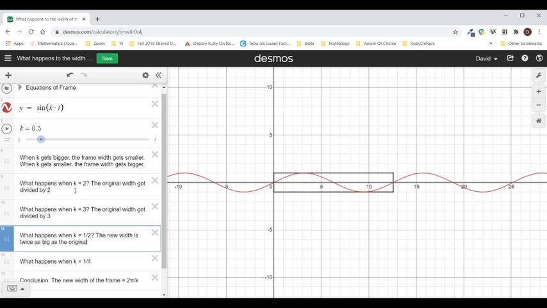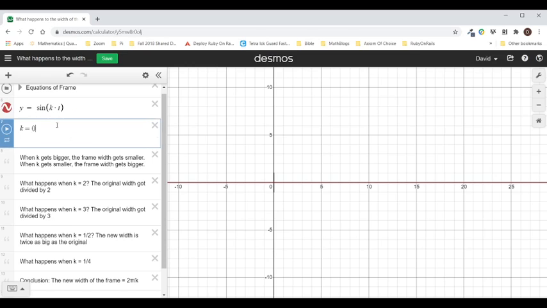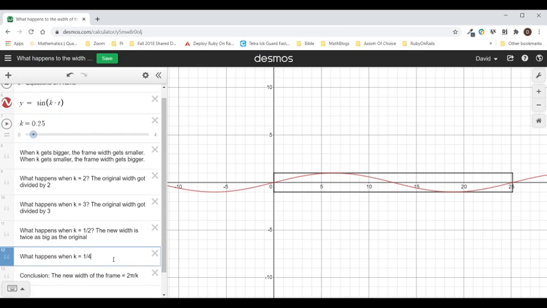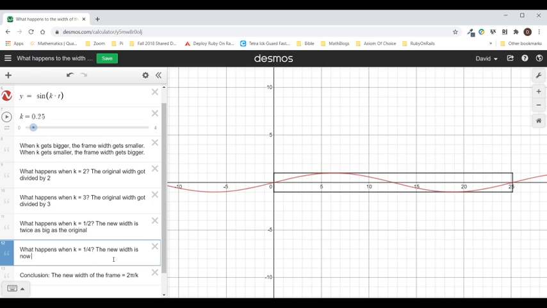What happens when k is a quarter? Well, when k is a quarter, I think it's going to go up even more slowly. I'm going to actually have to type in a quarter here, like this. And holy cow, now what happened, right? When k is a quarter, the width of the frame got 4 times as big. So I'm going to write this down the same way. The new width is now 4 times as big as the original.